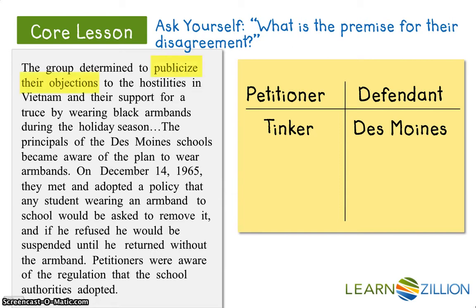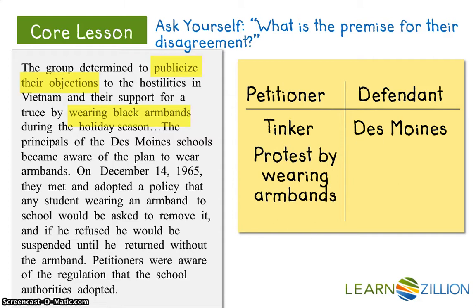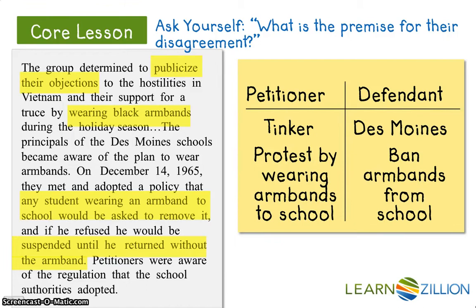And returning to this, I see that the petitioner wanted to publicize their objections to the Vietnam War by wearing armbands. To me, this sounds like a protest. They want to protest by wearing armbands to school. The defendant, the Des Moines School District, said that any student who wore an armband would be suspended. Essentially, they banned armbands from school.